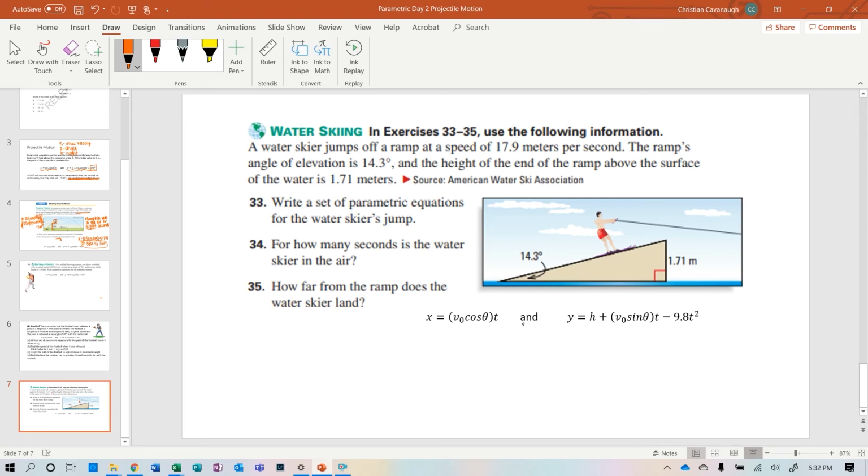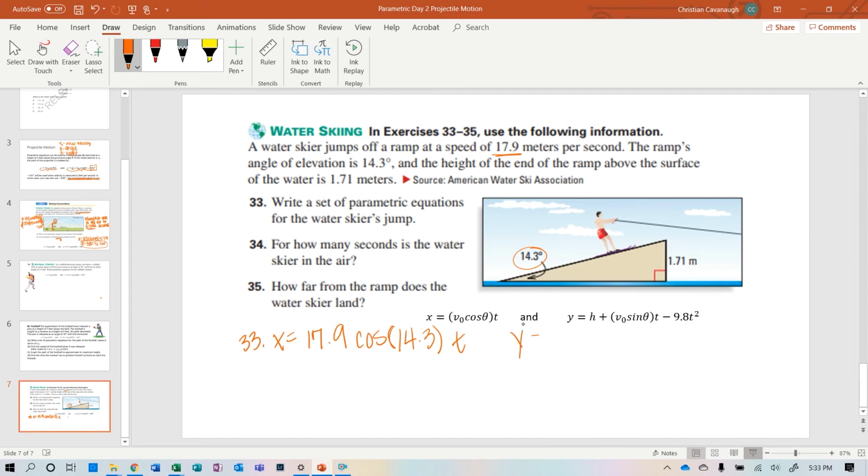So we first have our x equation, which equals the initial velocity, and he jumped at a speed of 17.9 meters per second. So we're going to put in that 17.9 times the cosine of the angle that he jumped from, and it gives that to us here, that 14.3 degrees, and then times t, which is time.